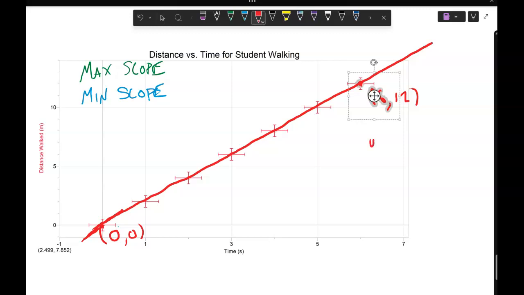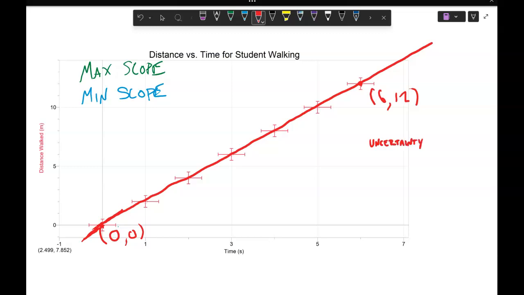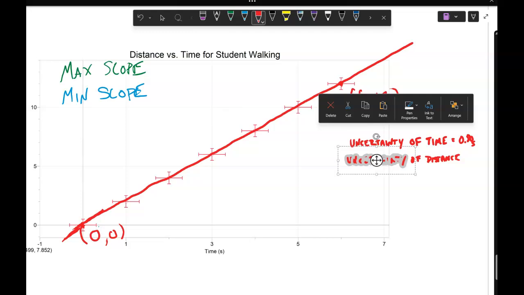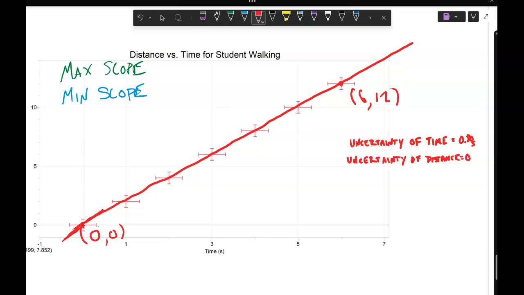For this example problem, the uncertainty of time is given as plus minus 0.80 seconds, and the uncertainty of distance is plus or minus 0.20 meters.